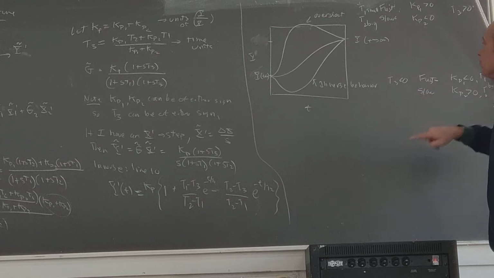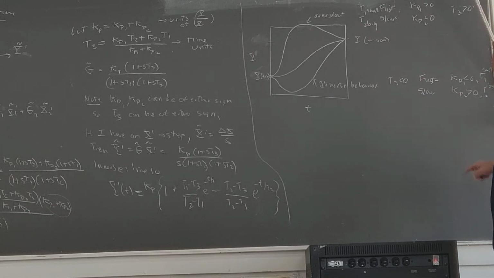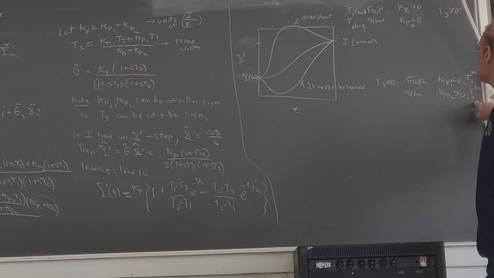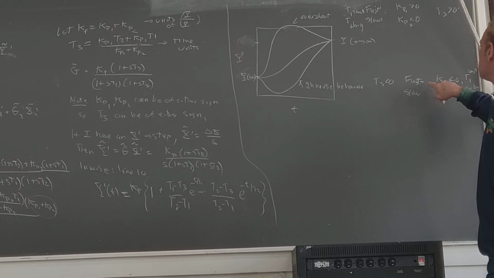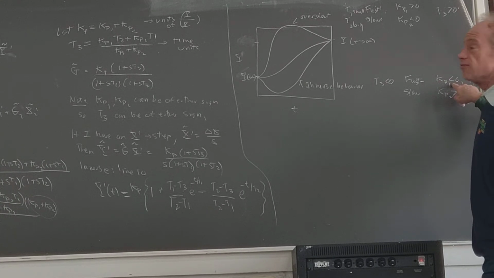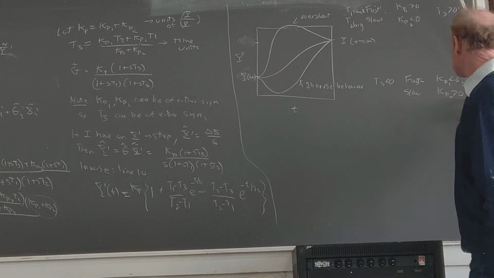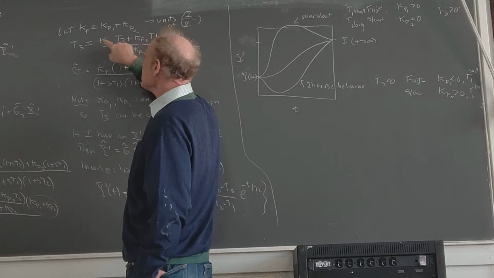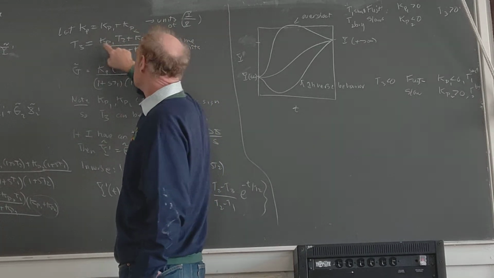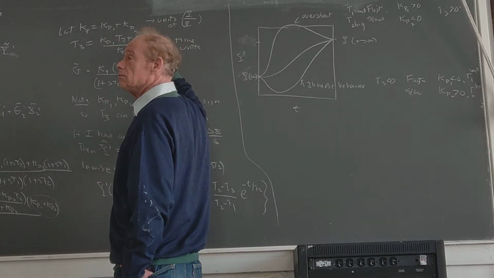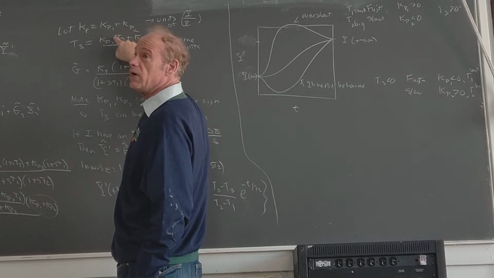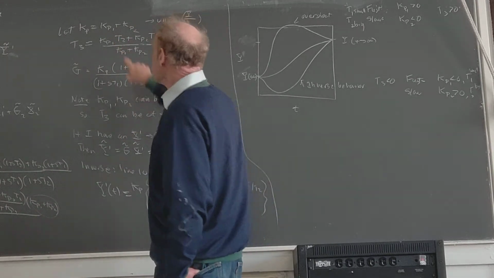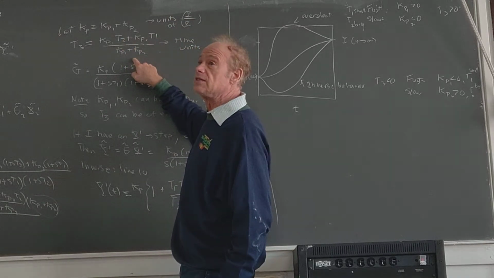What about here? In inverse behavior, T2 is big and KP1 is negative. If T2 is big and KP1 is negative, T1 is small, and this is positive, this guy wins. So it becomes negative. And just because it wins in the numerator doesn't mean it wins in the denominator.